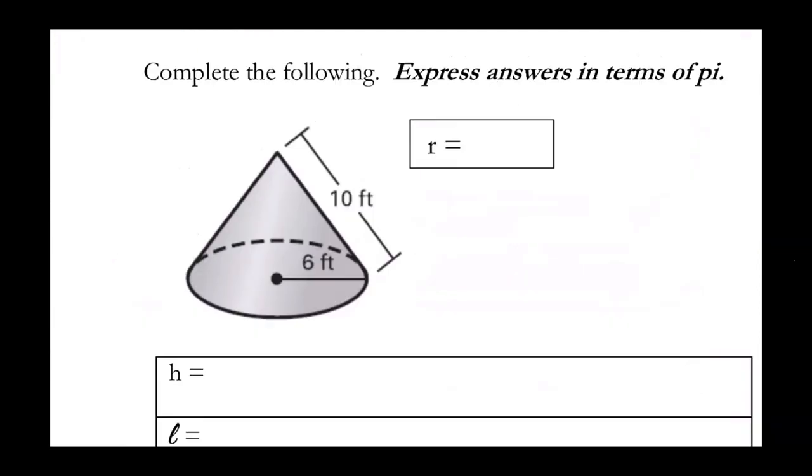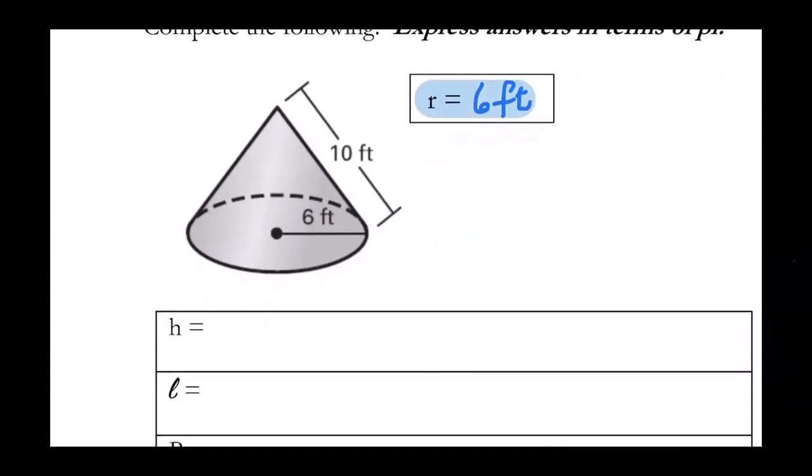So for the first cone here, the radius is 6 feet. The height would be this perpendicular segment right here. Since we don't know the height, we're going to have to find it.